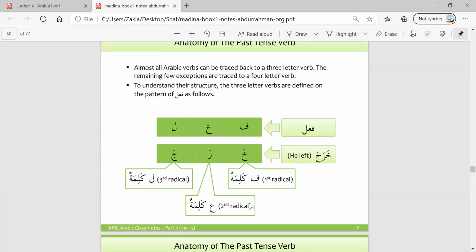Fa'ala means the verb, basically. Anybody who wants to study Arabic at a high level may get a tense which they have to strip away.